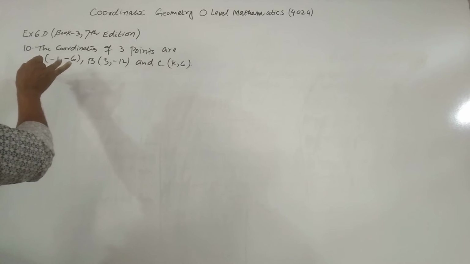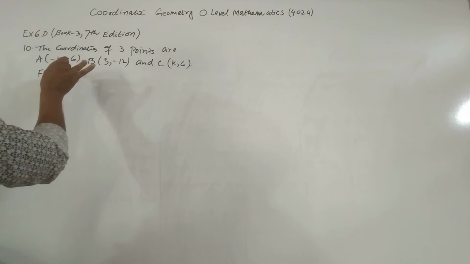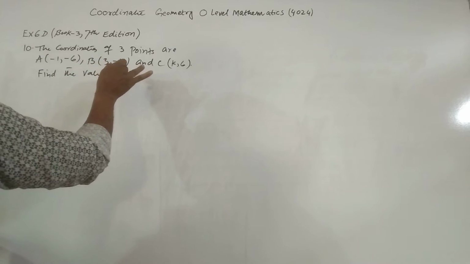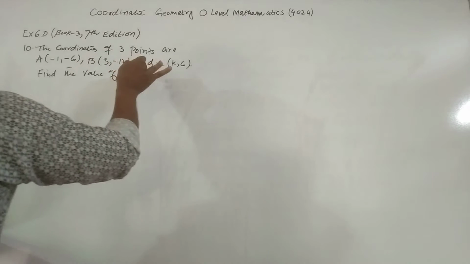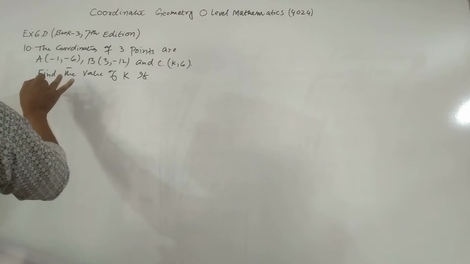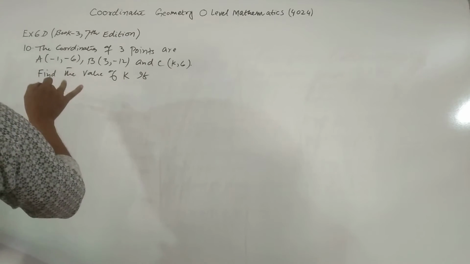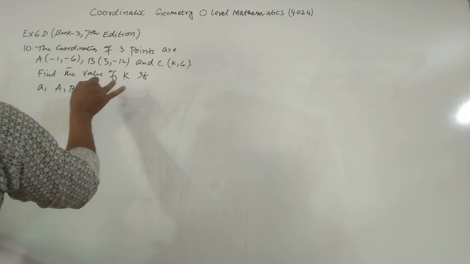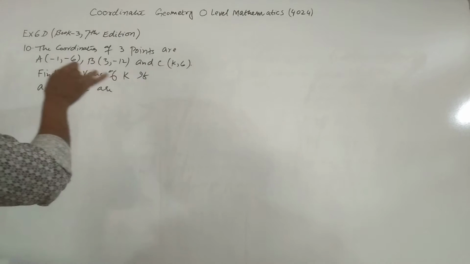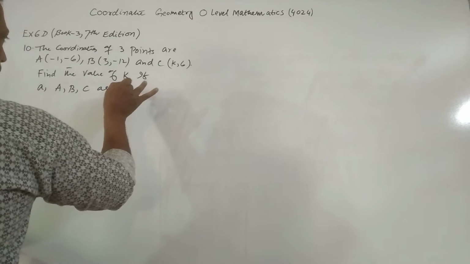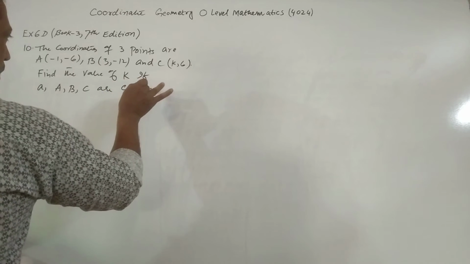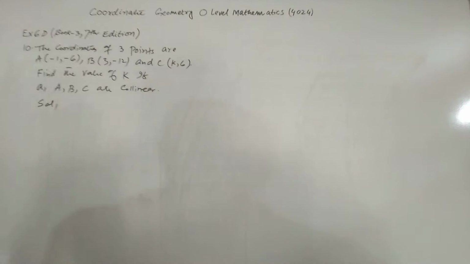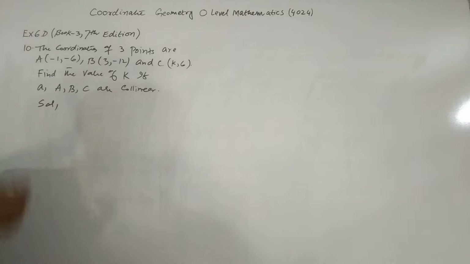Find the value of k if part A: A, B, C are collinear. Solution. Student, very easy part.